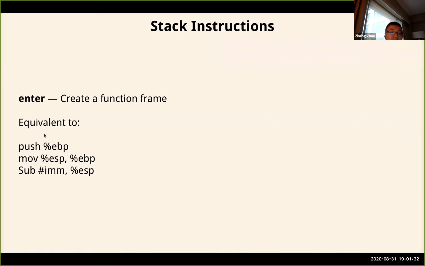Basically, the enter instruction is equivalent to three instructions: push EBP, then move ESP to EBP, then subtract a value from ESP. Obviously that immediate number also needs to be encoded into the enter instruction. So why do we need this, since it is equivalent?